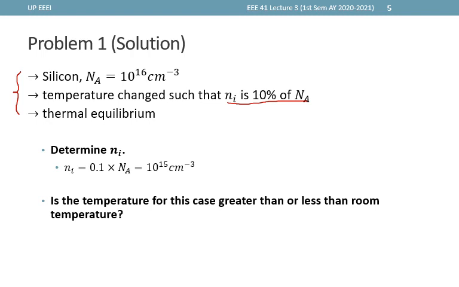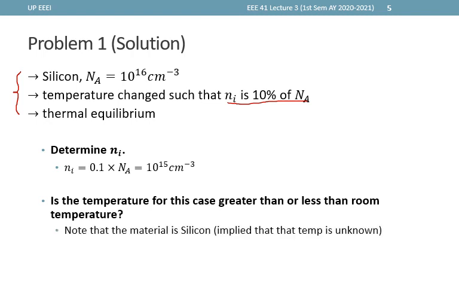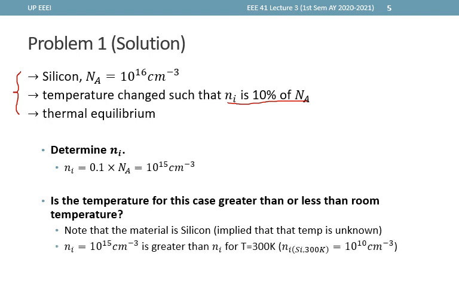Next is the temperature: is it greater than or less than room temperature? We note first that the material is silicon, and it is implied in the question that the temperature is unknown. Now, since Ni is 10 to the 15 as we have solved here, and we note that this value 10 to the 15 is greater than Ni for room temperature, which we should have remembered by now to be 10 raised to 10.